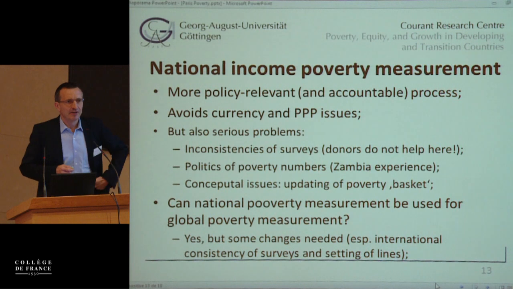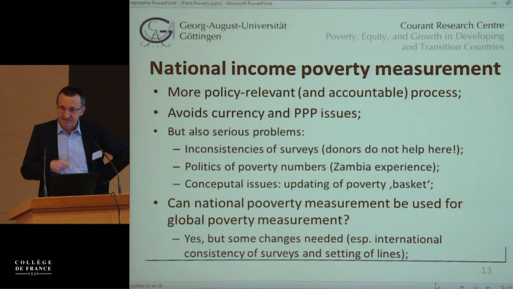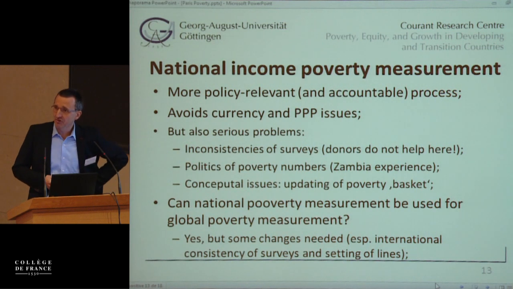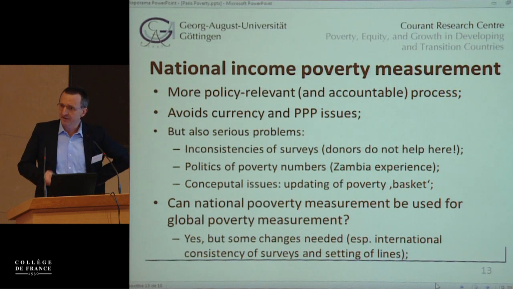And so, I've spent a good deal of time trying for the Zambian government to get a consistent poverty measurement for the last 20 years. It is very, very difficult, and it's an art, not a science.